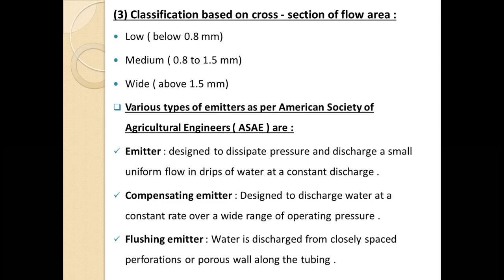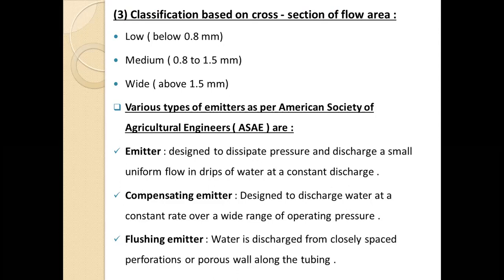There are various types of emitters as per the American Society of Agricultural Engineers, also known as ASAE. First is the emitter, which is designed to dissipate pressure and discharge a small uniform flow in drops of water at constant discharge. Compensating emitter is designed to discharge water at a constant rate over a wide range of operating pressure.